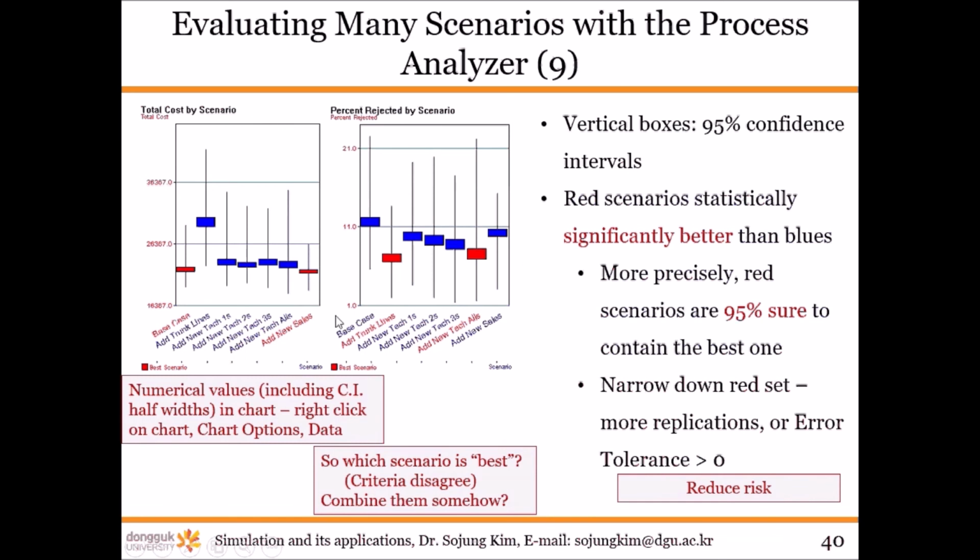Got it? These two are the results of the box and whisker chart, and the red scenario is the best scenario, statistically better than the other scenarios. The color of the output will become red. Got it?